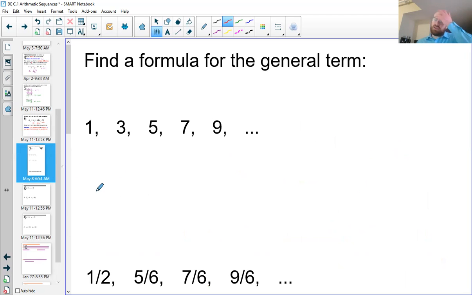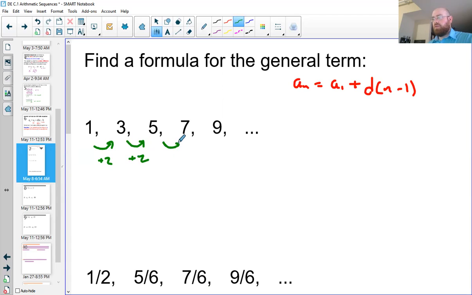So we want to find a formula for the general term. Just as a reminder, we're going to use an is equal to our first term plus our common difference times n minus 1. If we look at this first example, we have 1 plus 2, 3 plus 2, 5 plus 2, and then 7 plus 2.